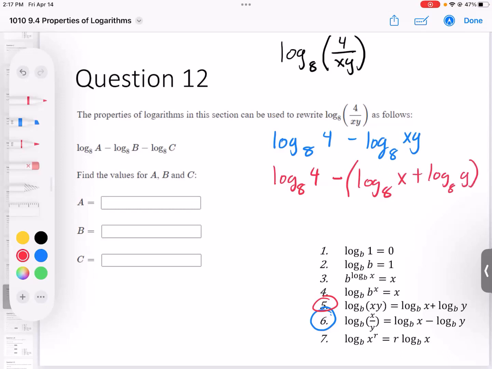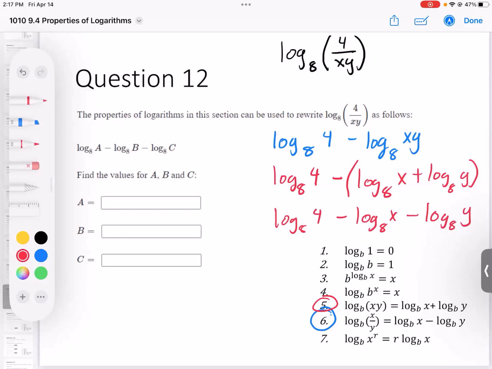And this minus is going to be applied to the whole thing because the negative was applying to this entire logarithm. So when you separate the logarithm out into two terms, you need to make sure the negative applies to both of them. If I distribute that negative to both terms, I end up with negative log base 8 of x minus log base 8 of y.